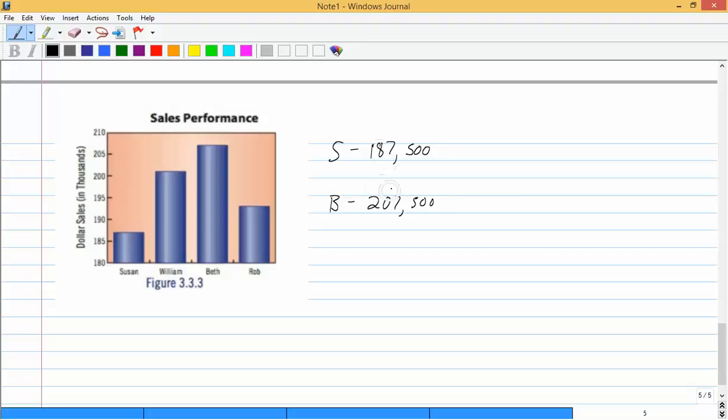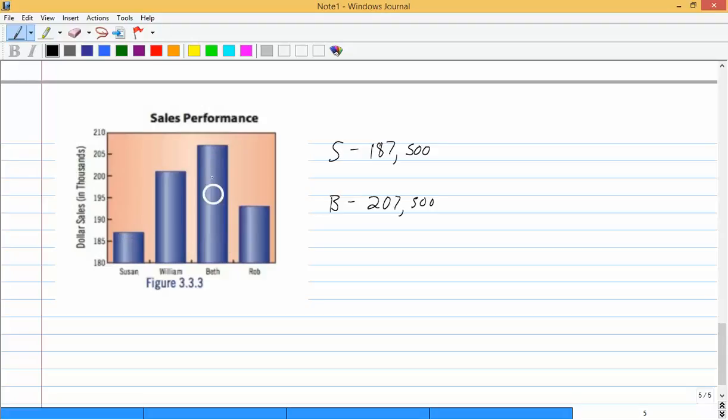And while 207,000 is, considerably in dollars, a large amount, maybe that's 30,000 more. But if we just were to skim over this bar chart and not pay attention to the numbers, you would think that Beth sold about 3 or 4 times as much as Susan.